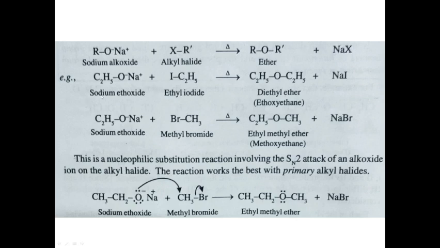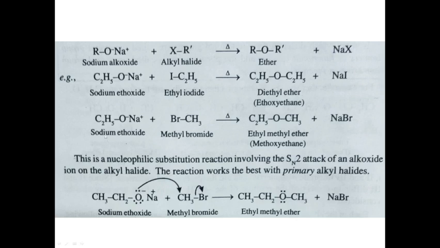For example, when we specifically take sodium ethoxide, where the hydrogen of ethanol is replaced by sodium, C2H5O⁻ is the ethoxide ion, and this sodium ethoxide reacts with ethyl iodide, and then we get diethyl ether, or we call it ethoxyethane. So we get diethyl ether when reacting sodium ethoxide with ethyl iodide, and the byproduct is sodium iodide.